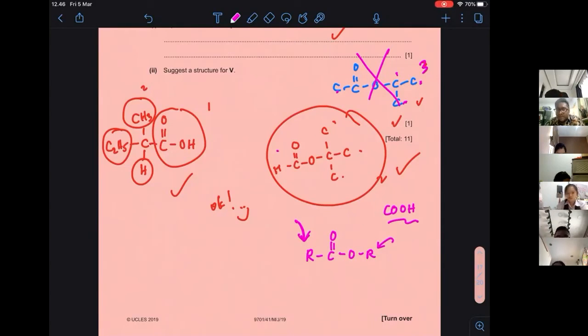When I put that as H, this is still ester, and I want to get 2. If I continue to just put another C over here, it doesn't make sense. So I tried to put more of them together, so I have 3 CH3 groups, and each of them has the same proton environment.